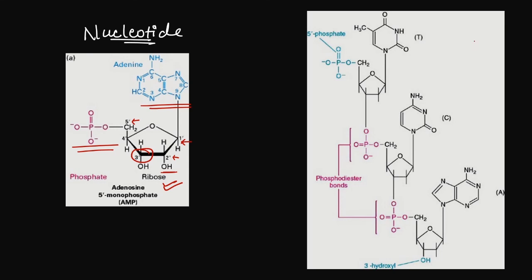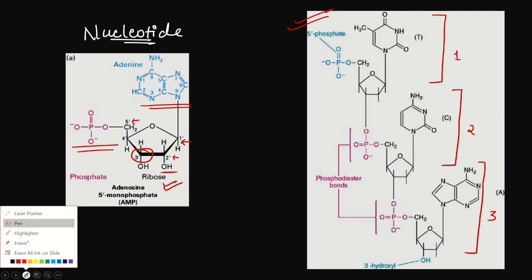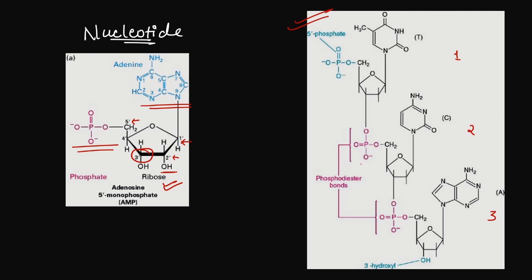So here in this second figure, we can see there are 3 nucleotide units. 1, 2, 3. Okay, 3 nucleotide units. Now in case of phosphate group, one of the oxygens of the phosphate group is bonded to the 5th carbon of pentose sugar.